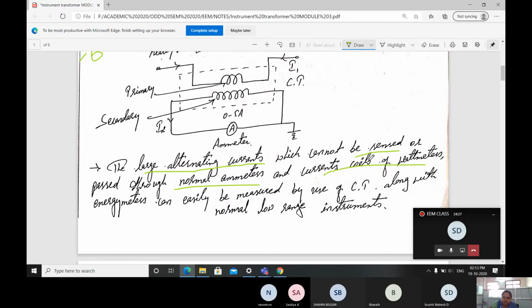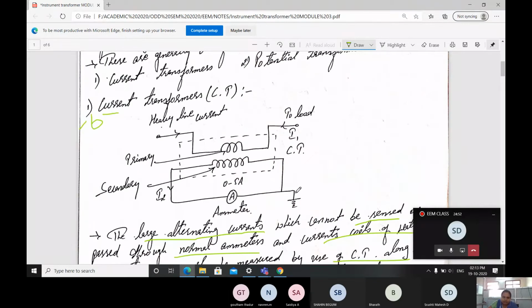If I flow heavy current, your meters will be damaged. Wattmeters and energy meters can easily measure by using a CT, that is a current transformer, along with the normal low range instruments. That is what this CT is for.